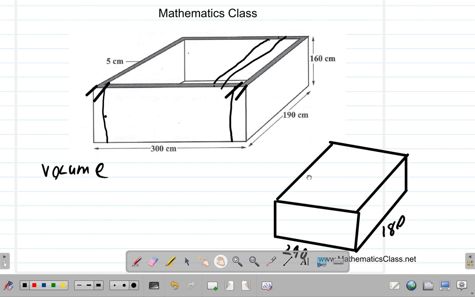When it comes to the bottom of the trough, it has a bottom panel, which is 5 centimeter thick. If you have 160 and drop 5 off it, you have 155.